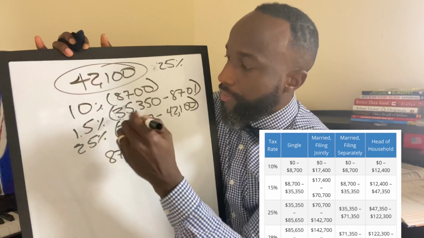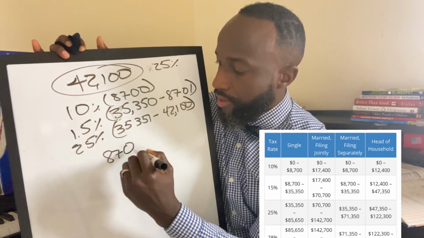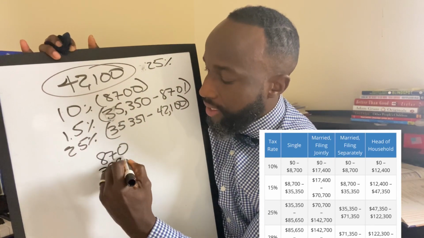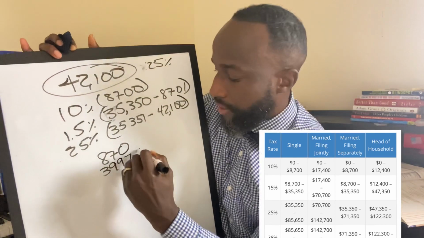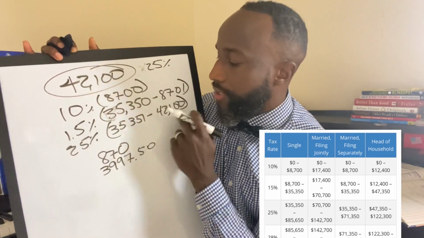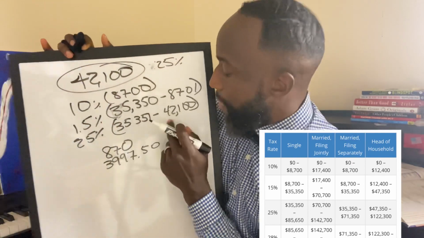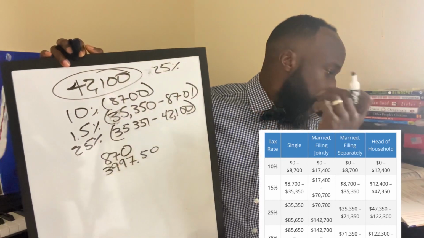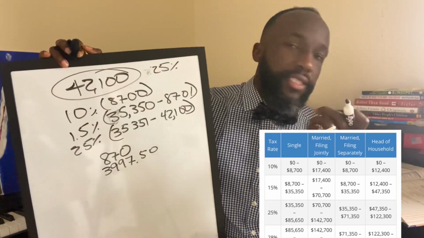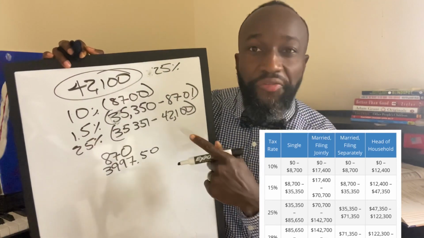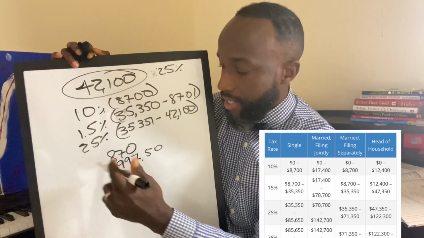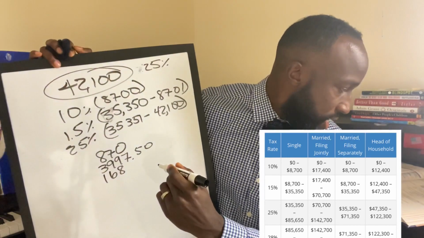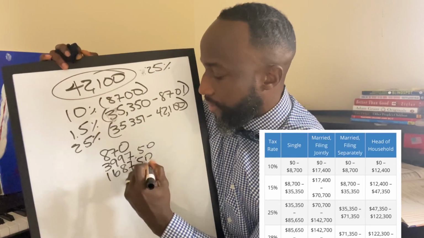Multiplying gives $3,997.50. Then the final difference, $35,351 to $42,100, is $6,750. You multiply that by 25%, and that gives you $1,687.50.